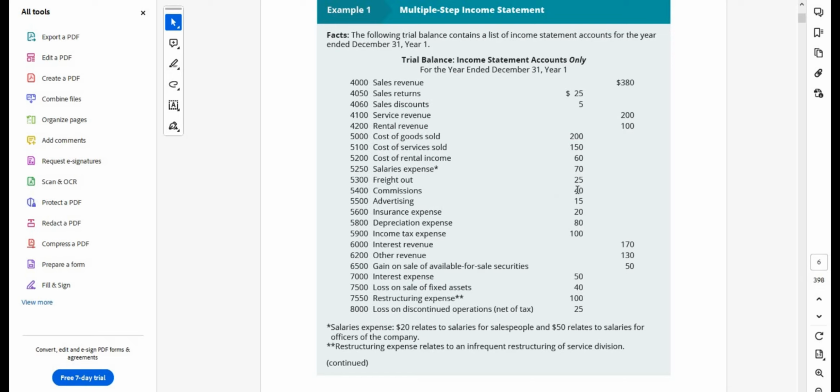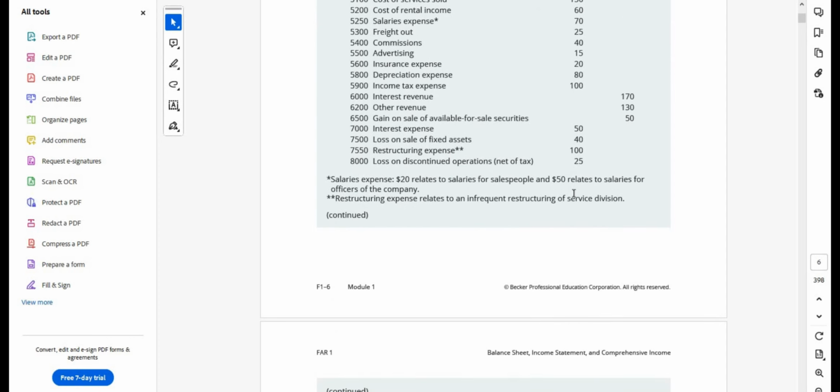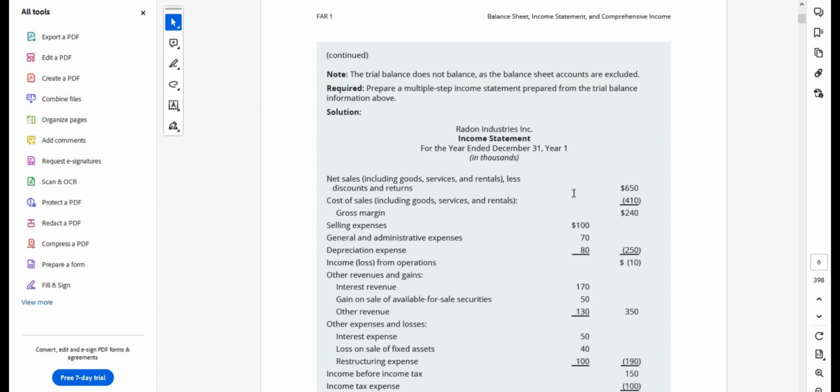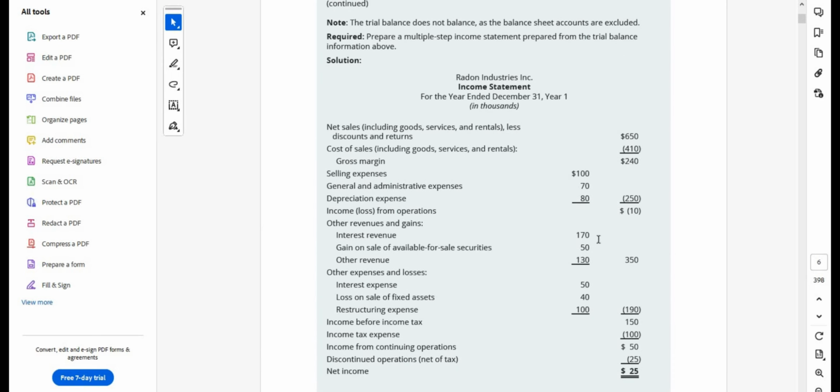Adding 20, 25, 40 and 15, we get 100. Adding 80 plus 70 plus 100, we get 250. So we have indirect expenses of 250 and gross margin of 240. So our loss from operations is 10.